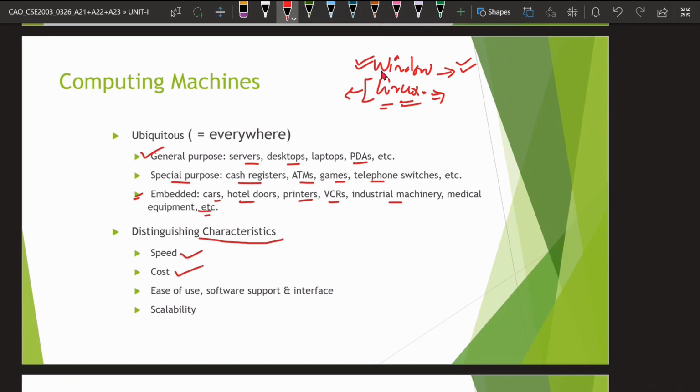But Windows, everyone can use. It is easy to use. Okay, so that's all. Based on ease of use, we are going to recommend a particular system. Okay, so here the characteristics define the ease of use also.